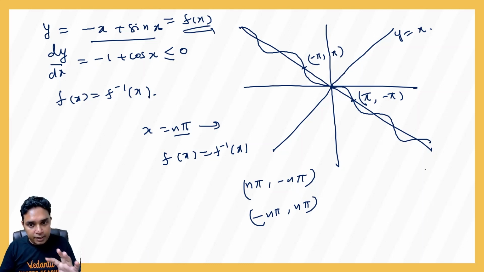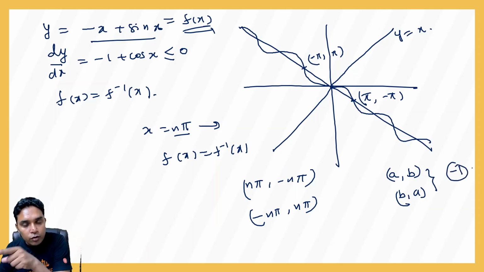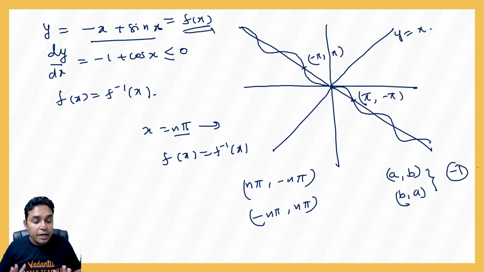In fact, you might have already understood this thing, that if (a, b) and (b, a) are lying on both of them, the slope of the line joining these 2 points is always -1. So you have to think of such a line where the slope of the line joining these 2 points will be -1. If such a thing can happen, then only you will be able to get such a solution.